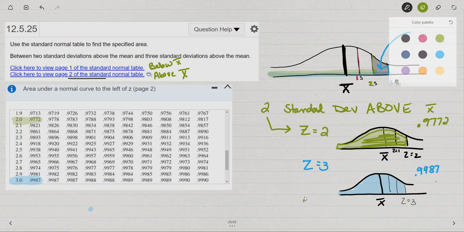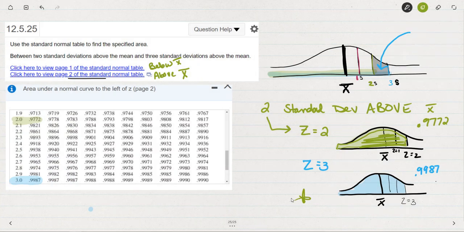If we look down here at the blue shading, that blue shaded area is 99.87% of that space under the whole curve. And up to here, up to 2 standard deviations, was the 0.9772.